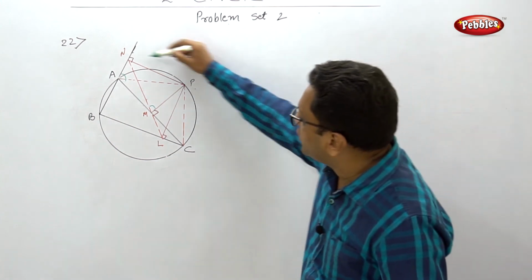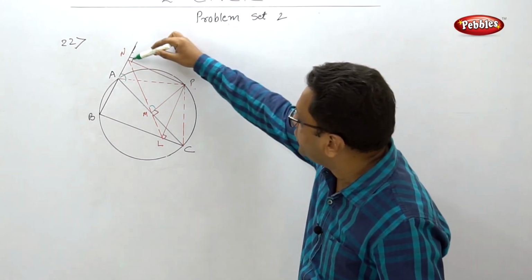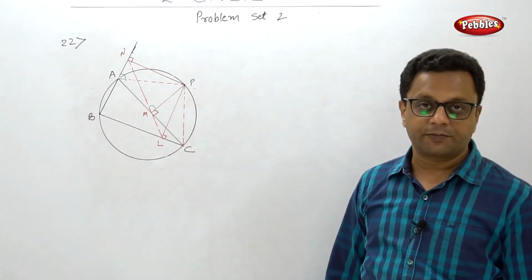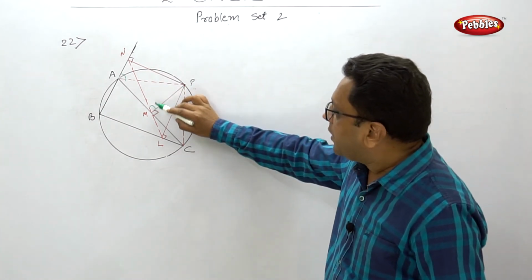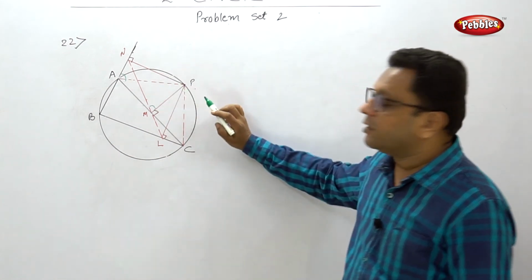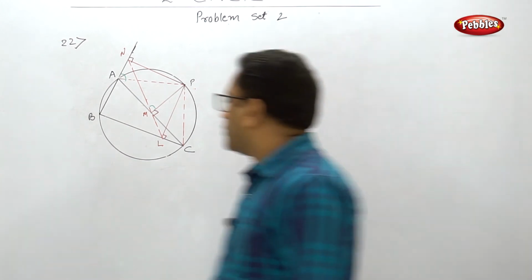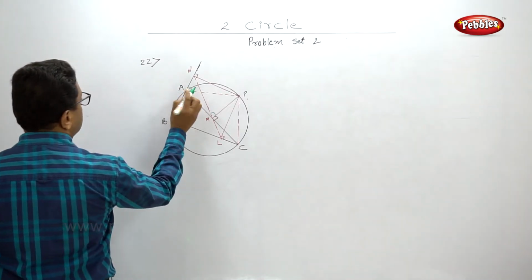Correct? If this circle is passing, you can see that these 2 points and these 2 points, the same circle is passing through this. So angle PMN is congruent to angle PAN. Correct?